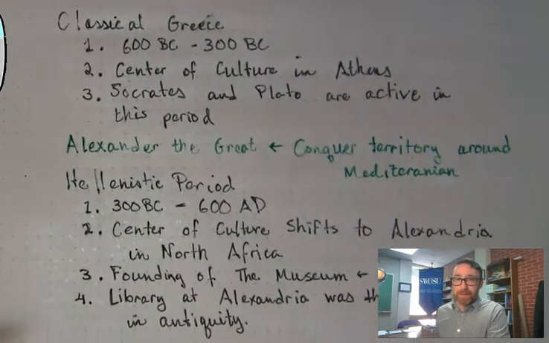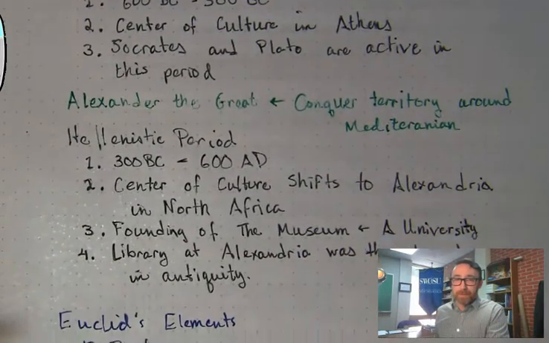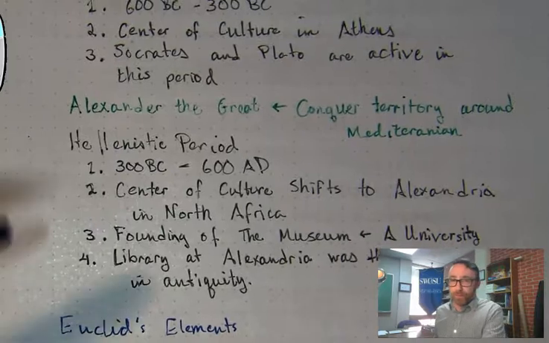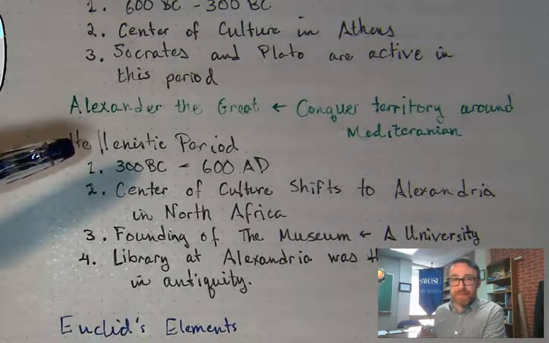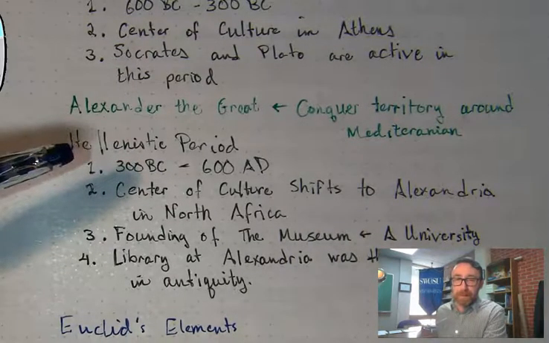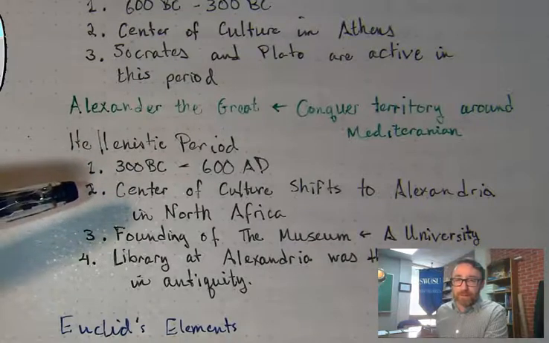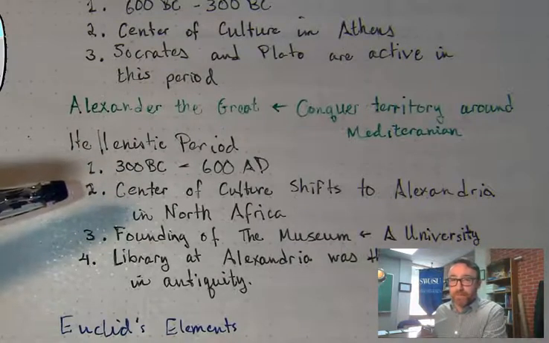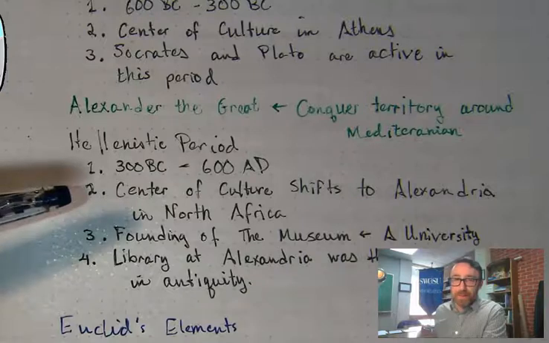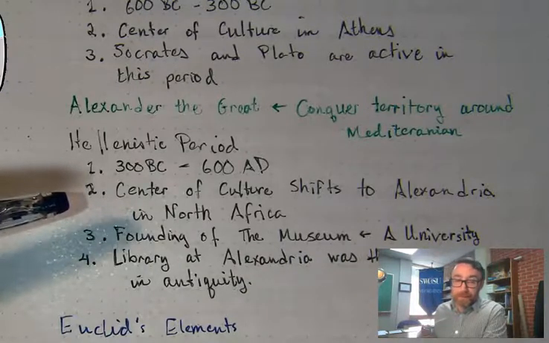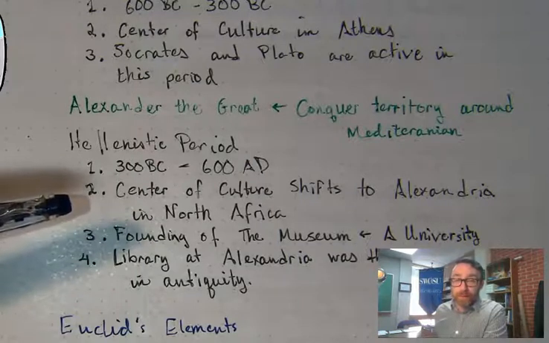So the Hellenistic period goes from 300 BC to 600 AD, and the center of cultural activity shifts. It's no longer in Athens anymore. It's actually in Alexandria in Egypt or North Africa.